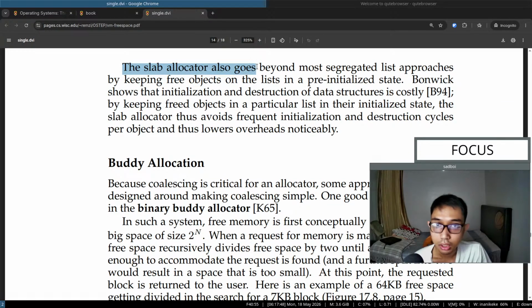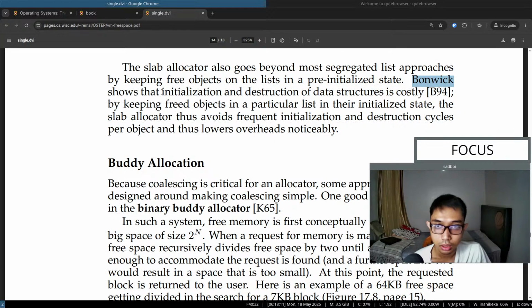The slab allocator also goes beyond most segregated list approaches by keeping free objects on the list in a pre-initialized state. Oh, okay, in a pre-initialized state.